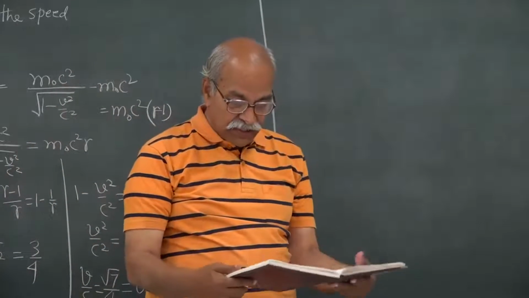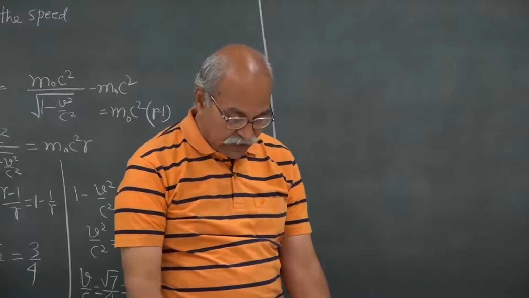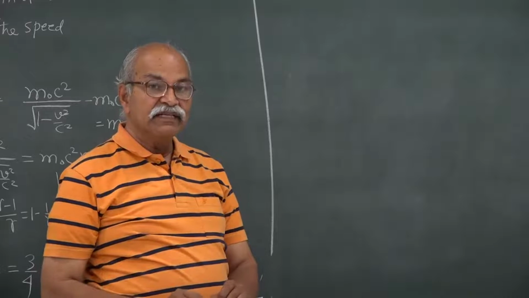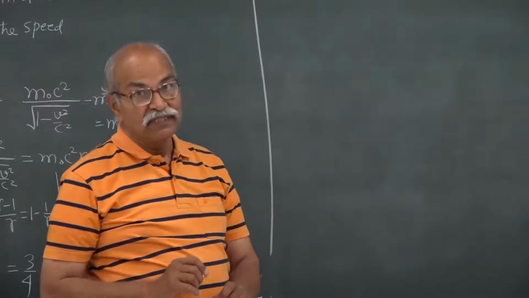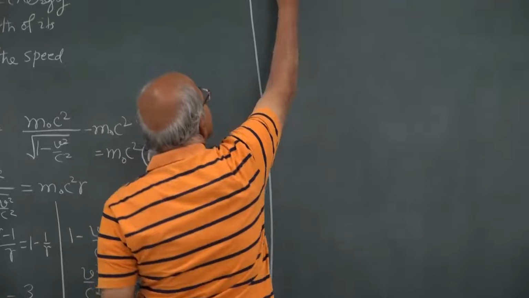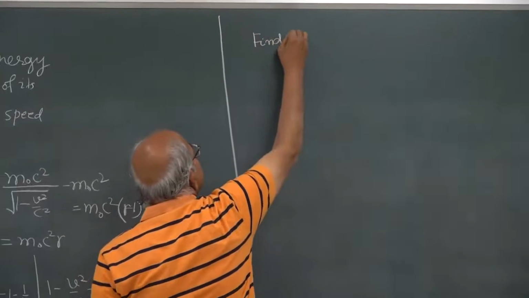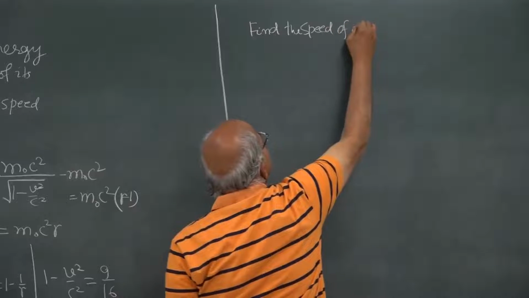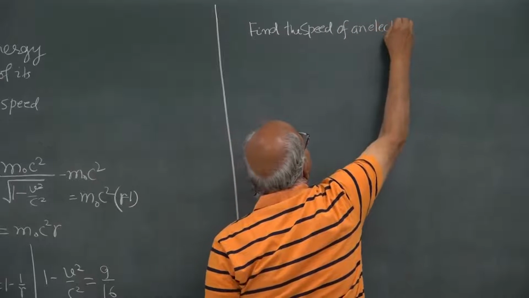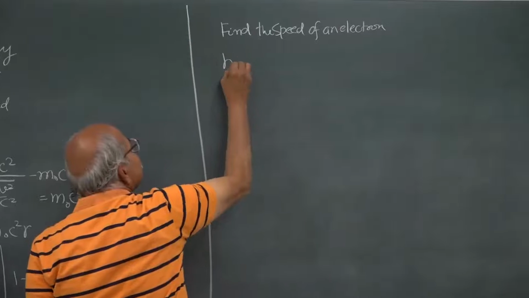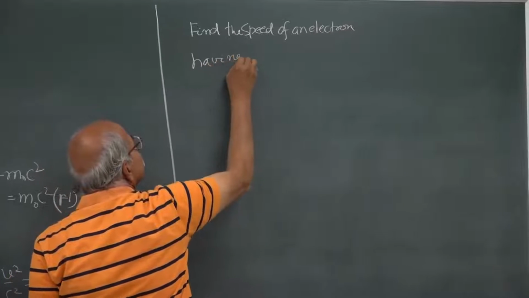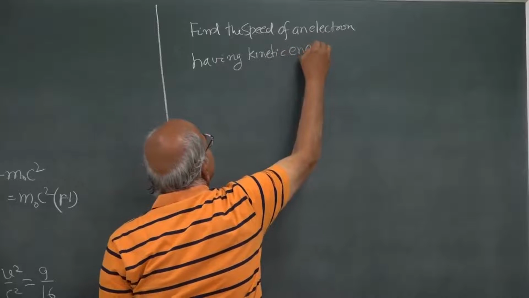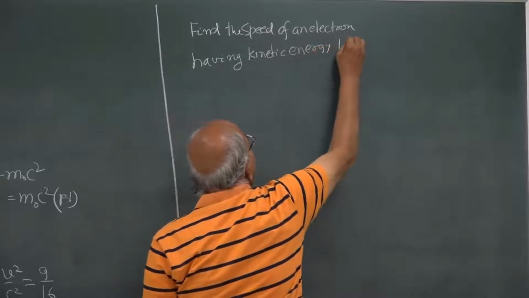So, our next question is very similar to the previous one. Again we have to find the speed of the electron and this time the kinetic energy given is 1 mega electron volt. So, the question is: find the speed of an electron having kinetic energy 1 MeV.